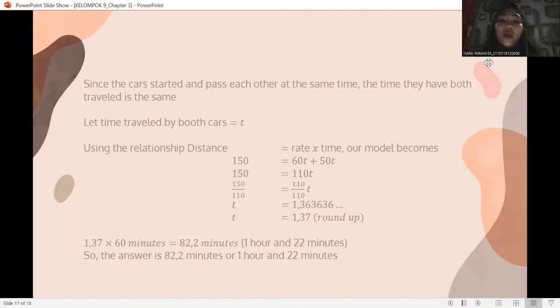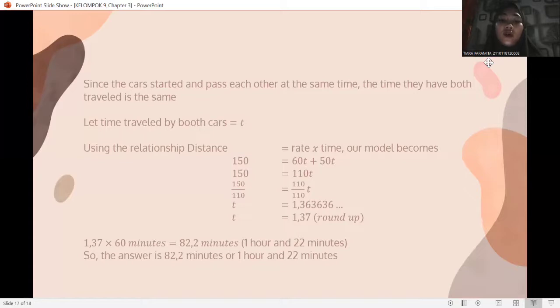150 equals 110t. So 150 divided by 110 equals 110t divided by 110.